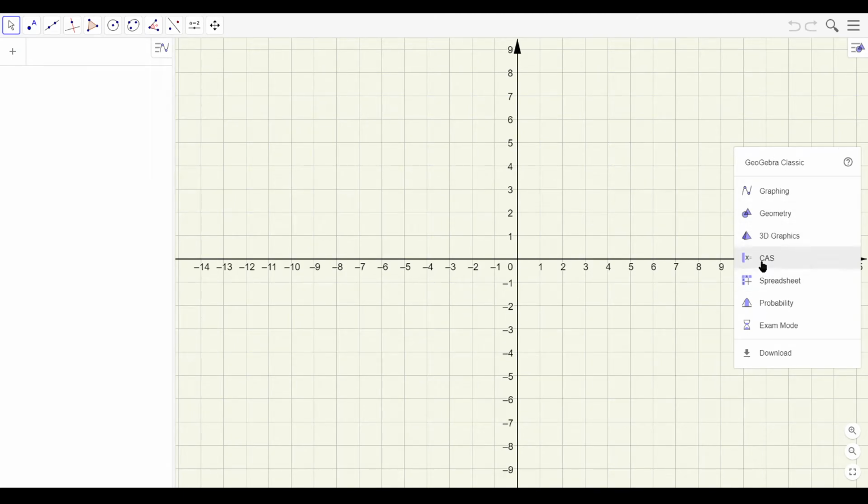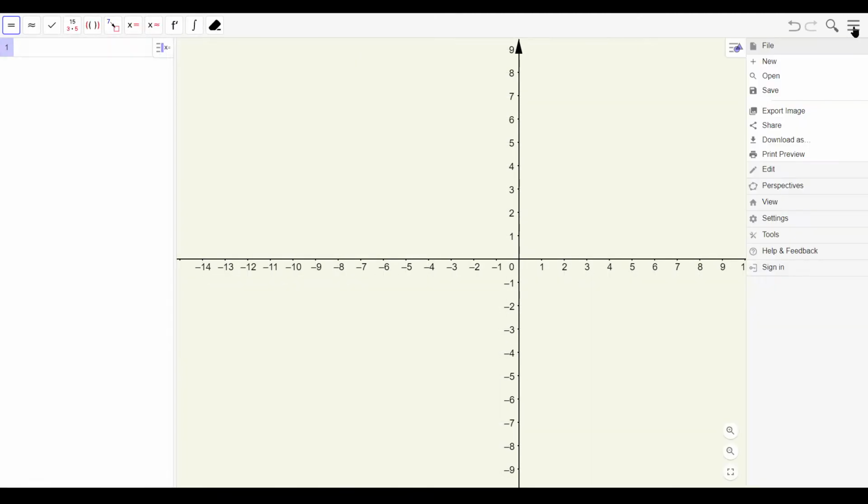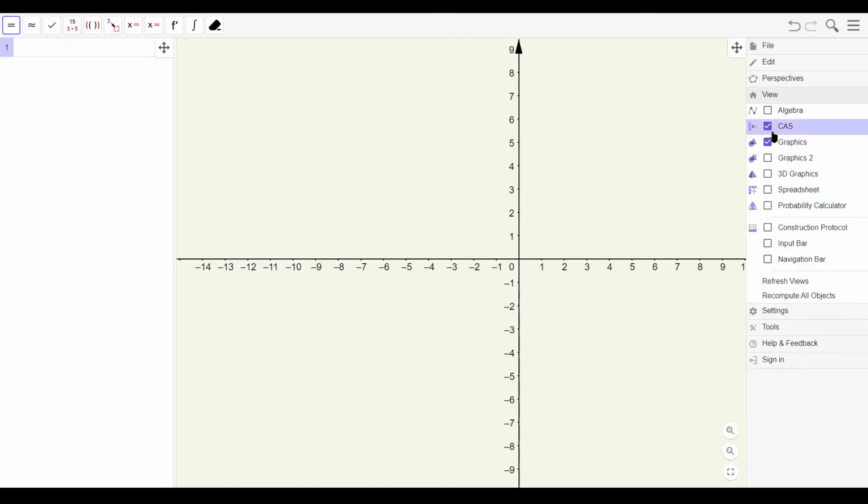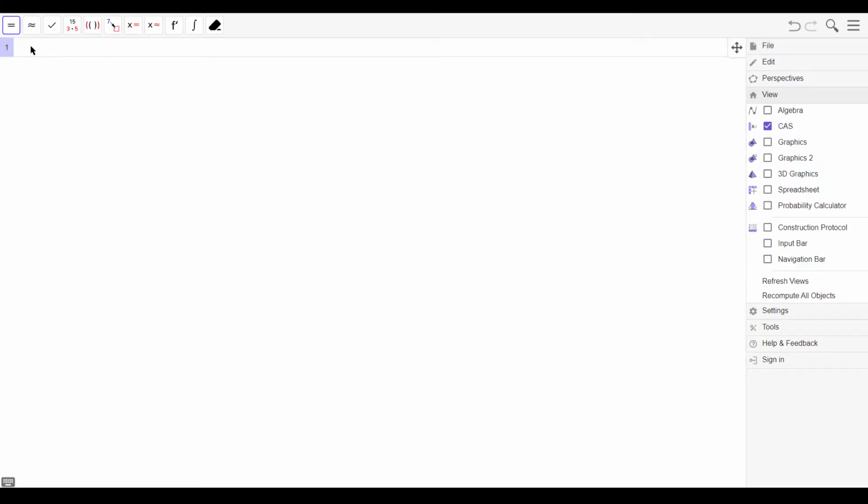Okay, so as usual, I go to CAS view, and then I can get rid of this view that I don't need. And then if I remember correctly, what I'm supposed to do is write this. So capital A minus B, capital B over 4, and then minus 4C.